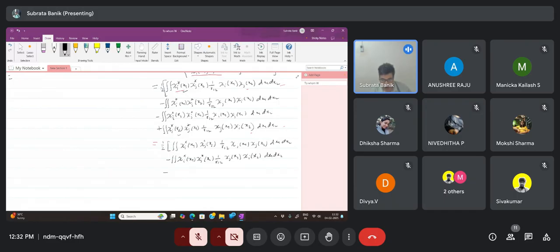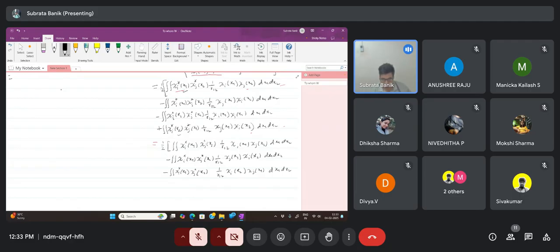If I write this, I have chi i star, instead of x2 we are going to write x1. Similarly, here chi j star, instead of x1, I'm going to write x2, 1 upon r12. Same thing, chi i I write as x2, chi j I write as x1, dx1, dx2.